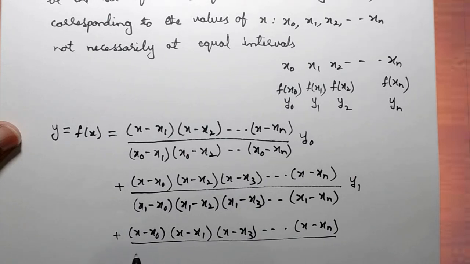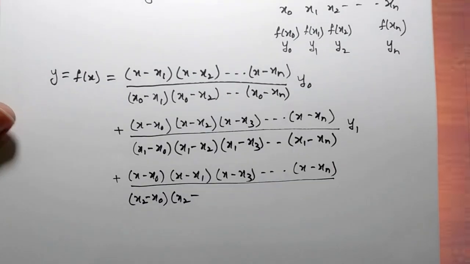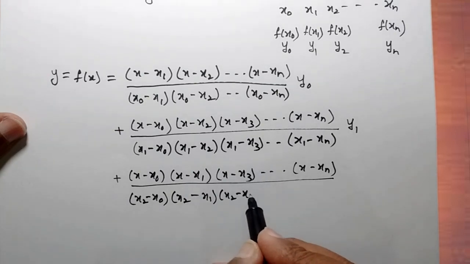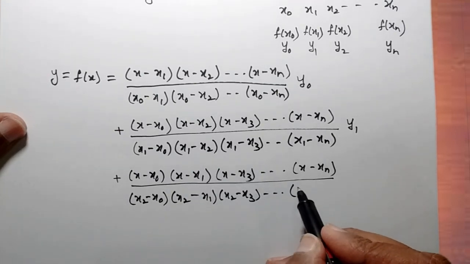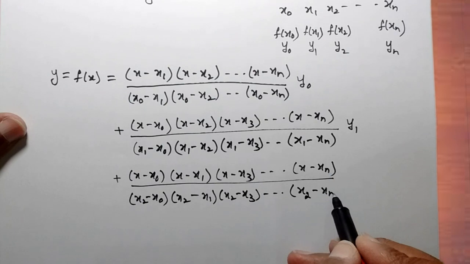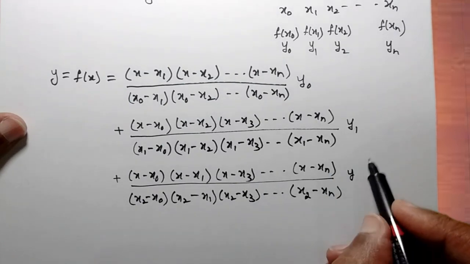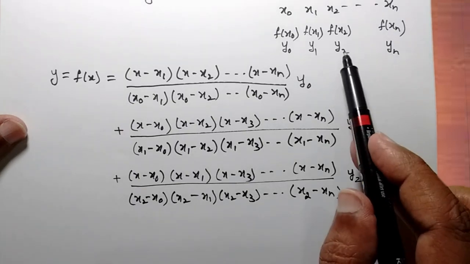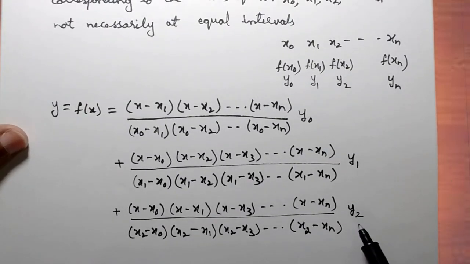So in place of x, put x2: x2 minus x0, x2 minus x1, x2 minus x3, and so on, x2 minus xn, into the corresponding value of x2, which will be y2.